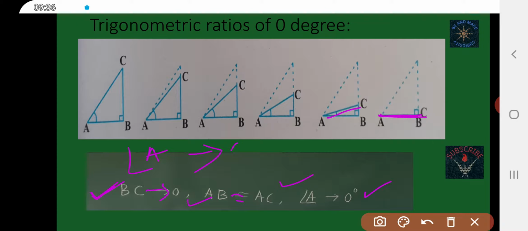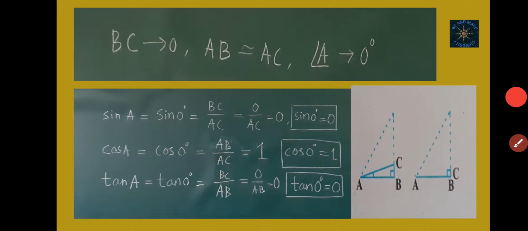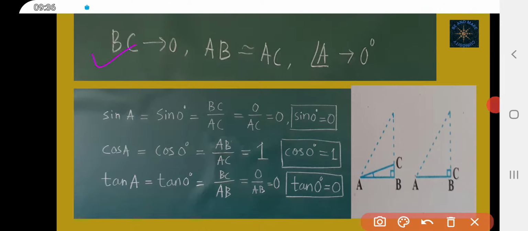AC. So AC becomes almost the same as AB. Here BC tends to 0, AB almost equal to AC, in this right angle triangle.